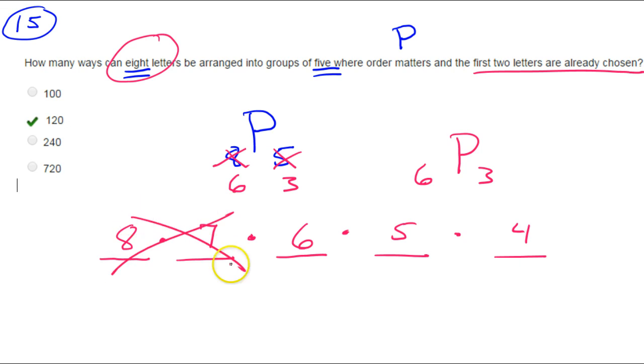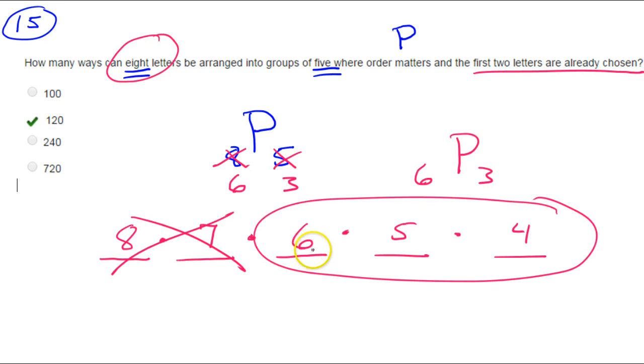But the first 2 are already chosen. So we're down to 6 times 5 times 4.